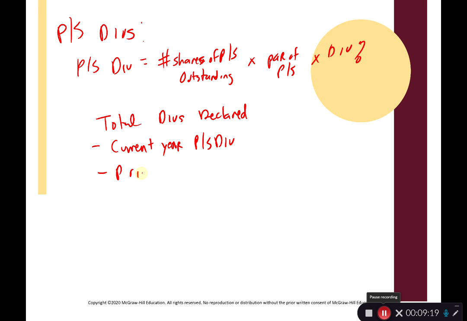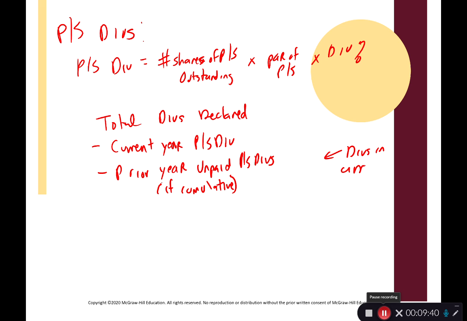Then I take out any prior year unpaid preferred stock dividends, but that only applies if it's cumulative. It's also important to remember these are called dividends in arrears. And that gets me my leftovers for common stock.